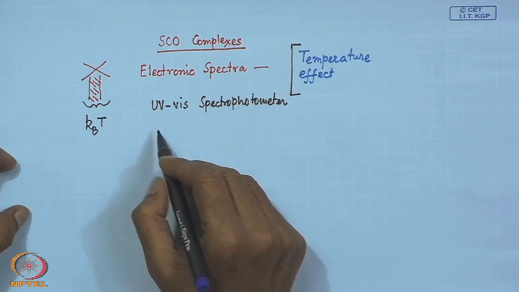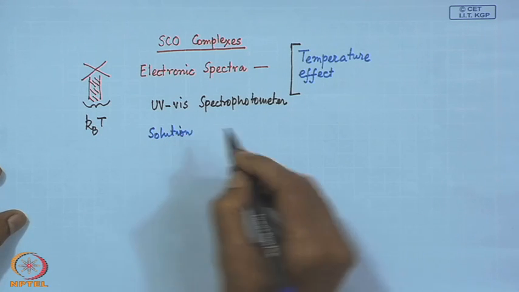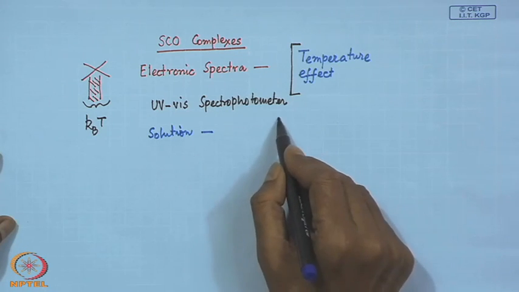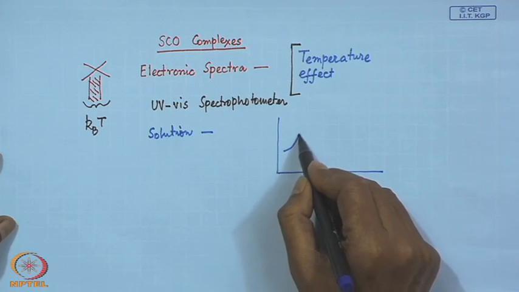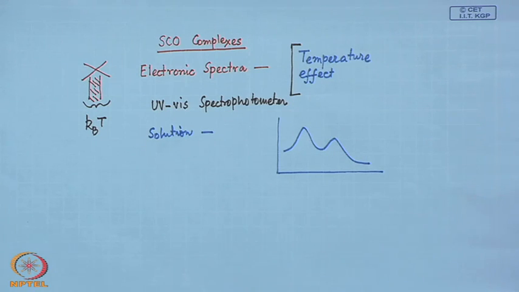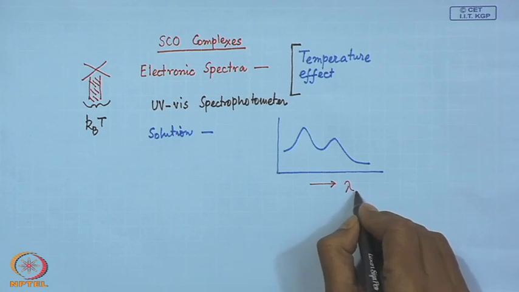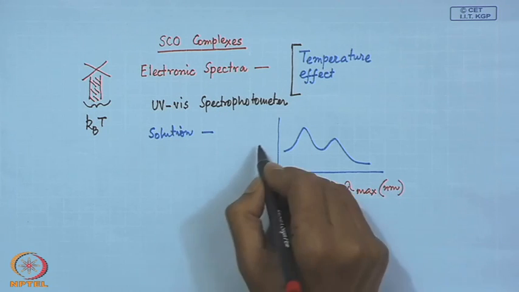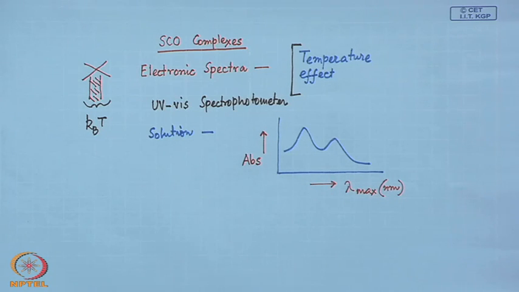So, we basically take this and do the measurement in solution state. This variable temperature measurement is possible using a solution of this compound. We observe some bands, which we plot against the corresponding lambda max values recorded in nanometer, and on the other axis we record the absorbance.